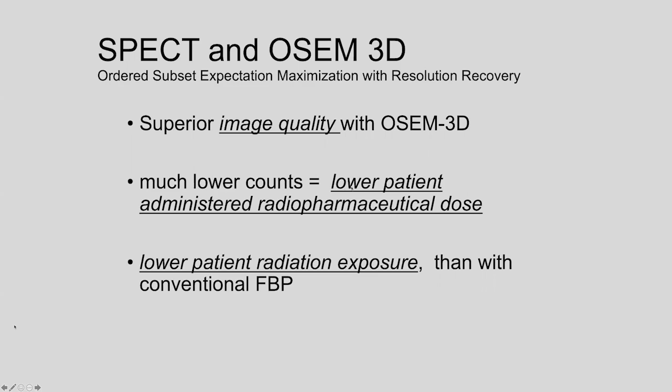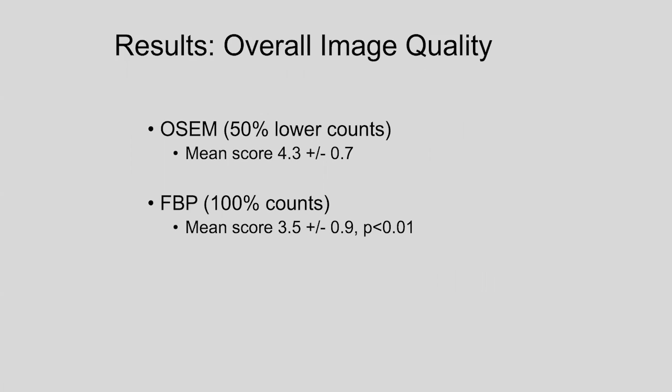The patient can be given at least half the recommended dose, and one can obtain similar or even better images than with filter back projection. Therefore, the patient will experience lower radiation exposure with OSEM 3D reconstruction than with conventional filter back projection.